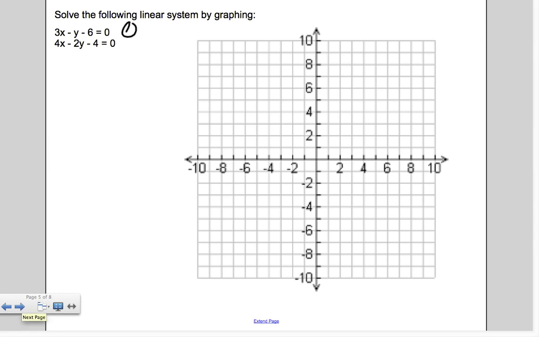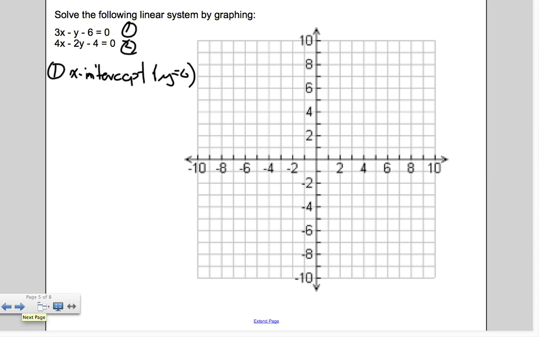Here's the first equation, here's the second equation. So one way to quickly graph our equations was, remember, we're doing intercepts. So for number 1, the x-intercept means y is equal to 0.